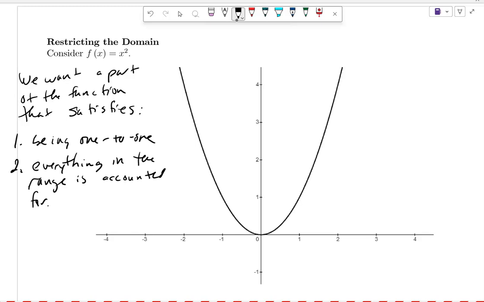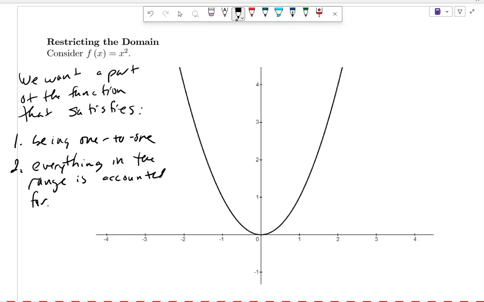If I cut my range off too short, I can't undo everything. So those are the two conditions that I want to make sure are satisfied. How many pieces can you cut up this graph and satisfy both of those conditions? One-to-one and taking up the entire range. How many pieces can you cut that into? 2, right? I could look at the right half of the parabola, or I could look at the left half of the parabola, right?